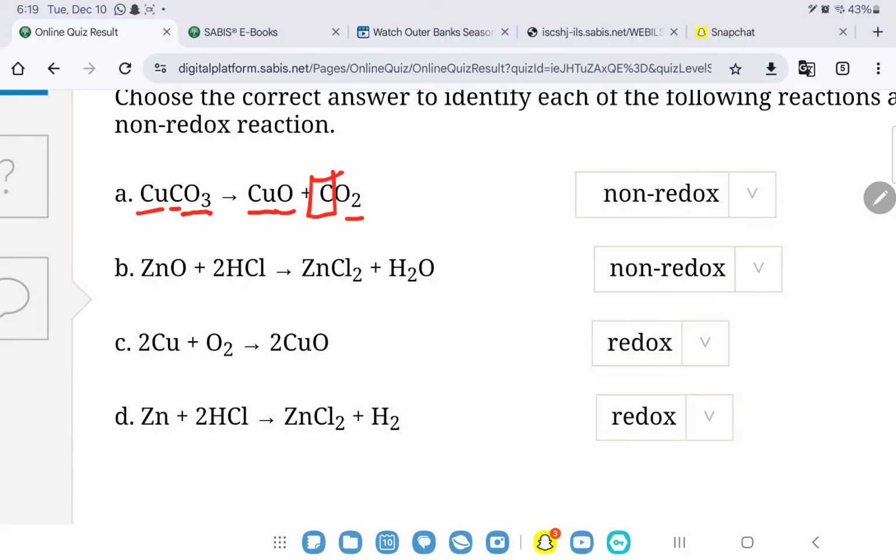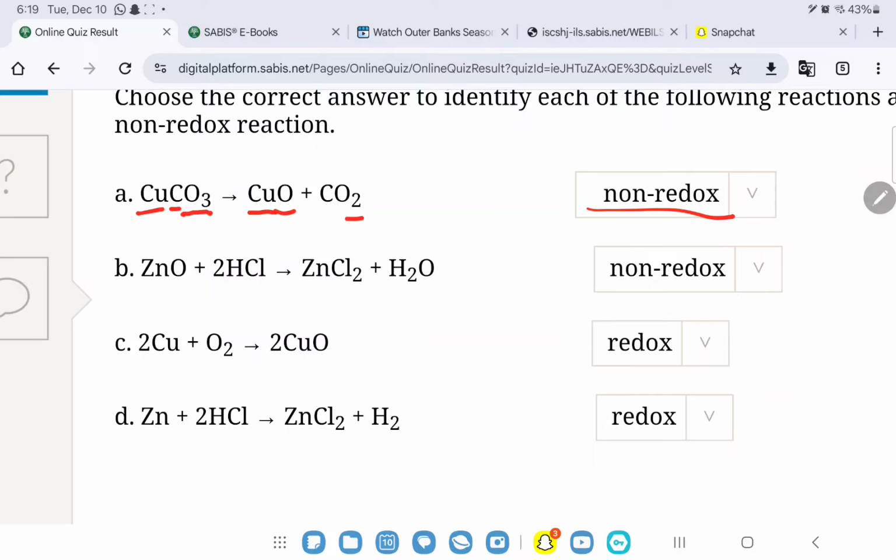That's what you do when you don't have oxidation numbers. In this case, no oxygens were lost. You still have all three of your oxygens, so it's not redox. This is what you do when you can't find oxidation numbers. Now, let's go on to the next one.